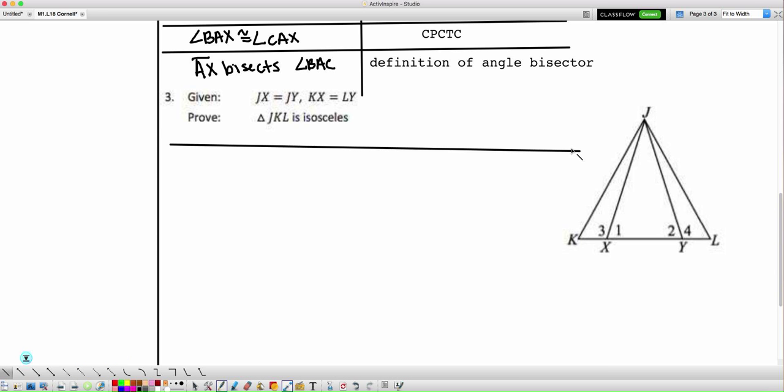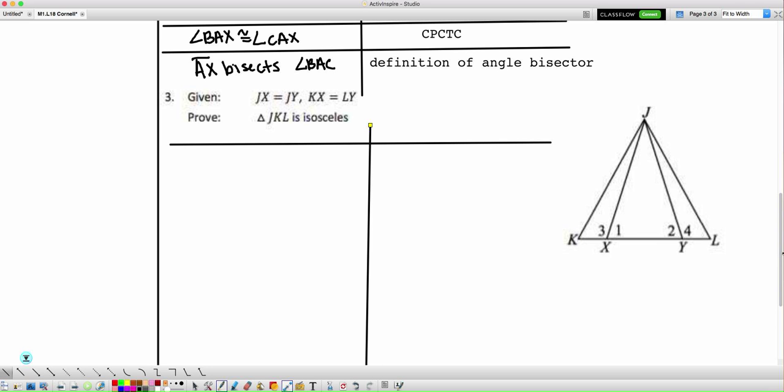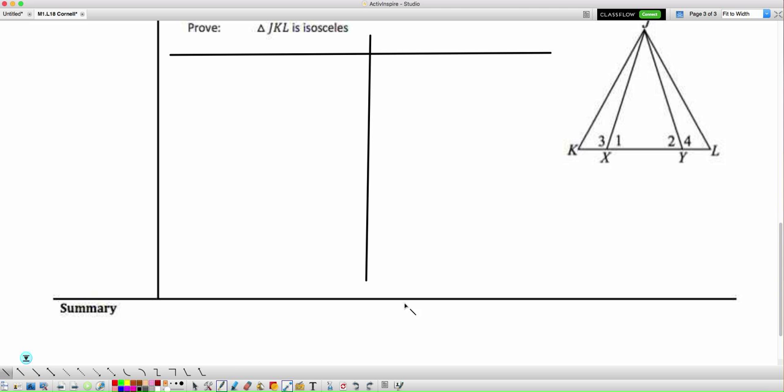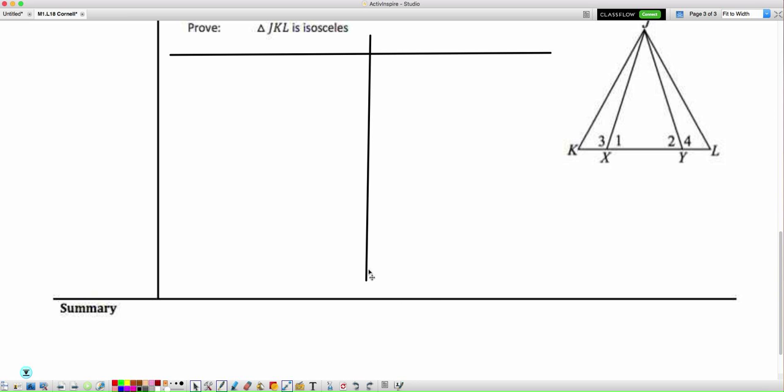So given, let's start off with that. Let me scroll down. Okay. So again, start off with your statements and reasons, write in your given information.